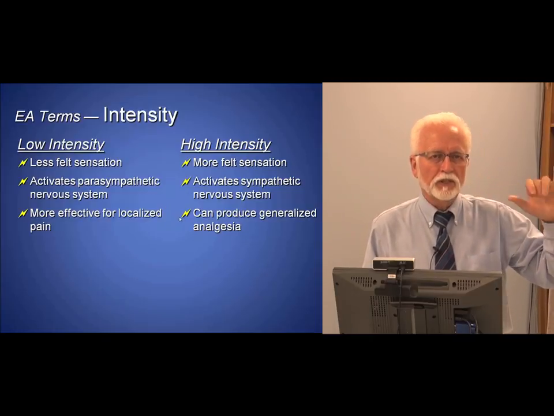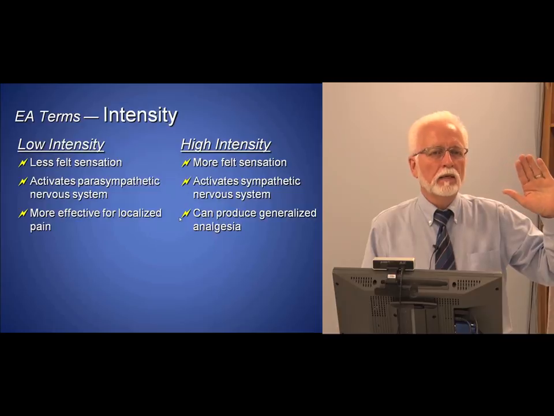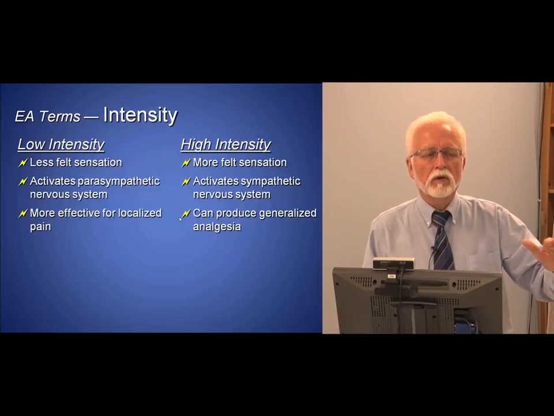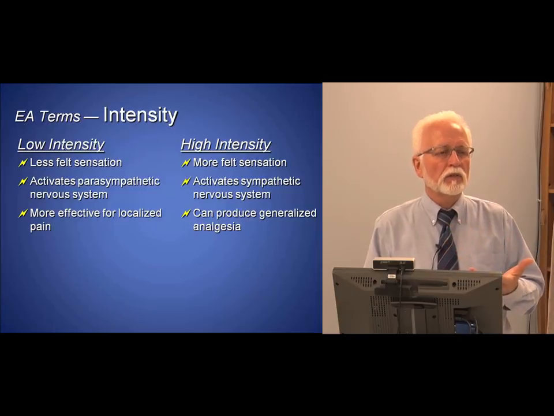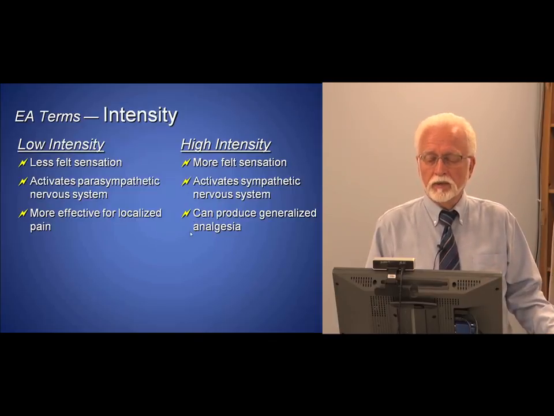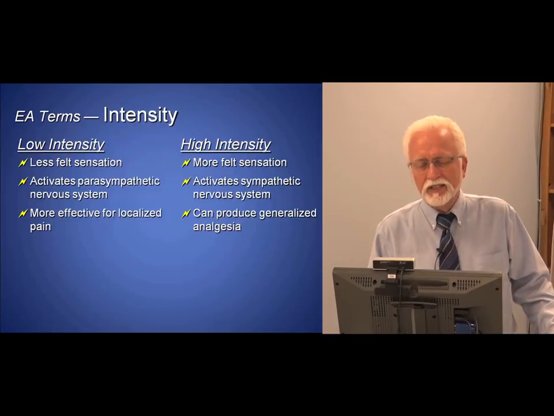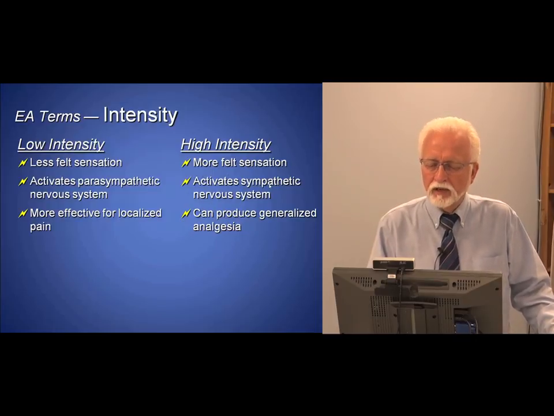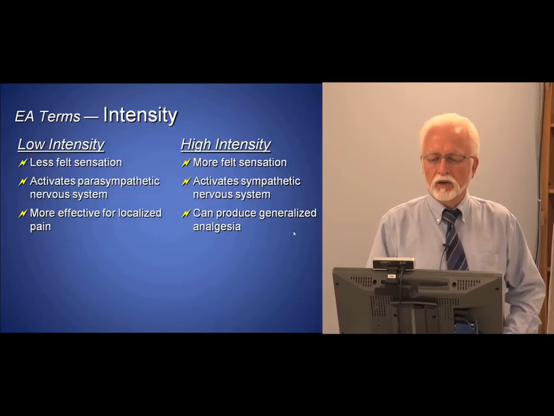Because at a certain intensity level, the patient's consciousness starts to decline, and their system sort of shuts down. They become very relaxed, very calm, and they will fall asleep quite easily. So even though it seems ironic, it activates the sympathetic nervous system, it can also produce generalized analgesia.